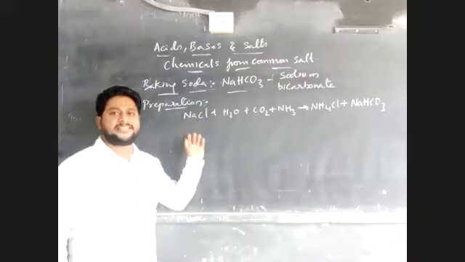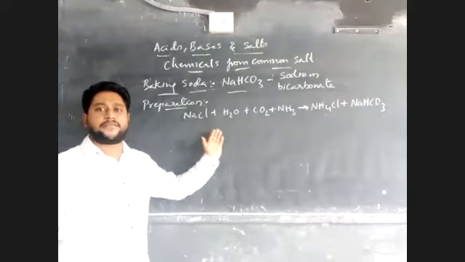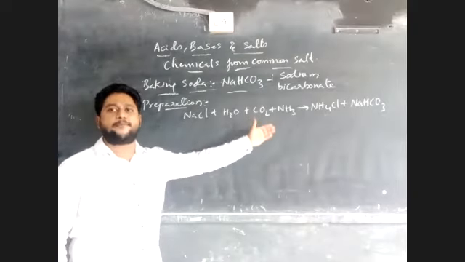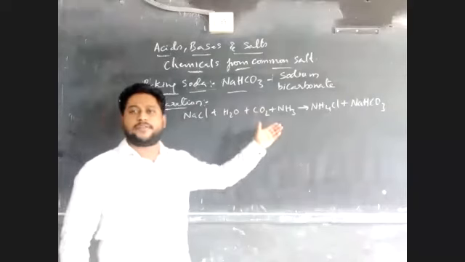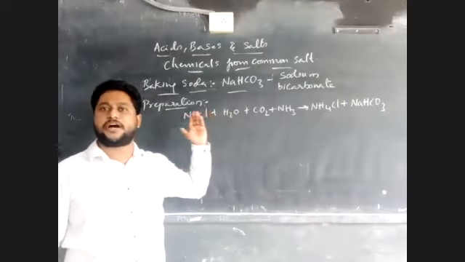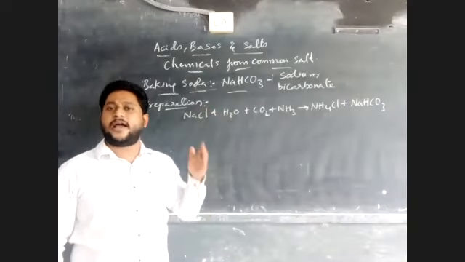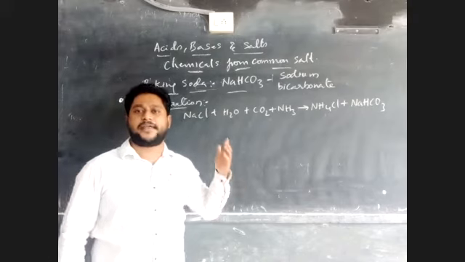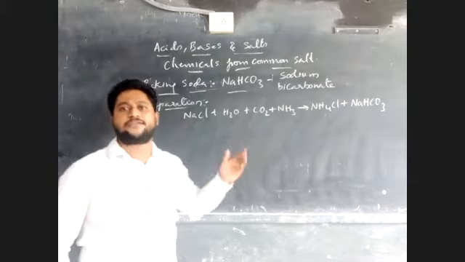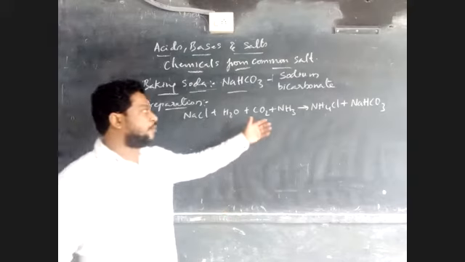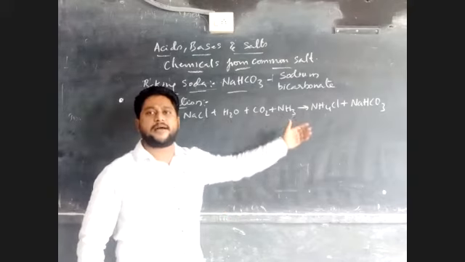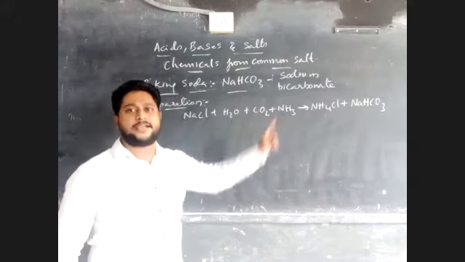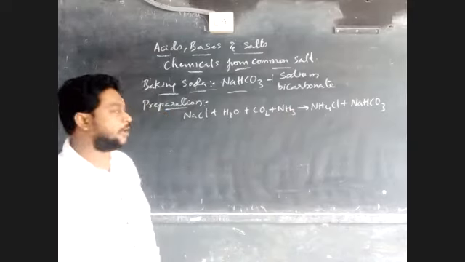When NaCl, sodium chloride, reacts with water, carbon dioxide, and ammonia, right? In the previous topic, we discussed how ammonia is prepared, when nitrogen gas reacts with hydrogen gas, that gives us ammonia. So after reacting this ammonia, you get ammonium chloride and NaHCO3, baking soda.